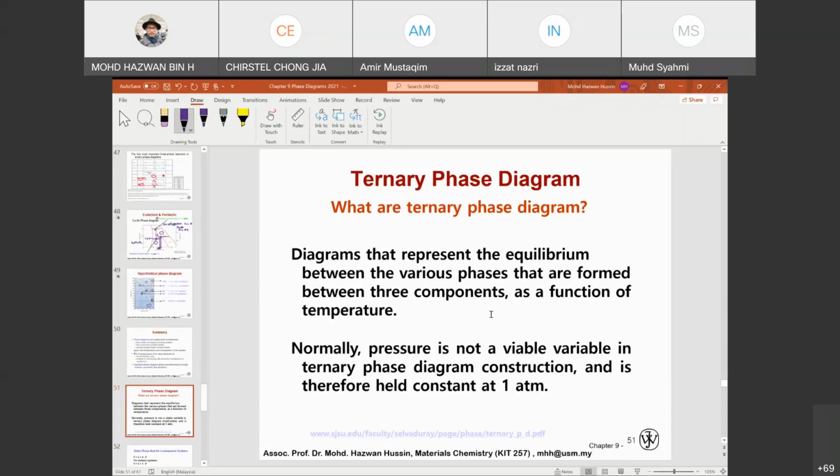The ternary phase diagram represents the equilibrium between the various phases that are formed between the three components as a function of temperature. Normally, pressure is not a variable in ternary phase diagram construction and is held constant at 1 atm.